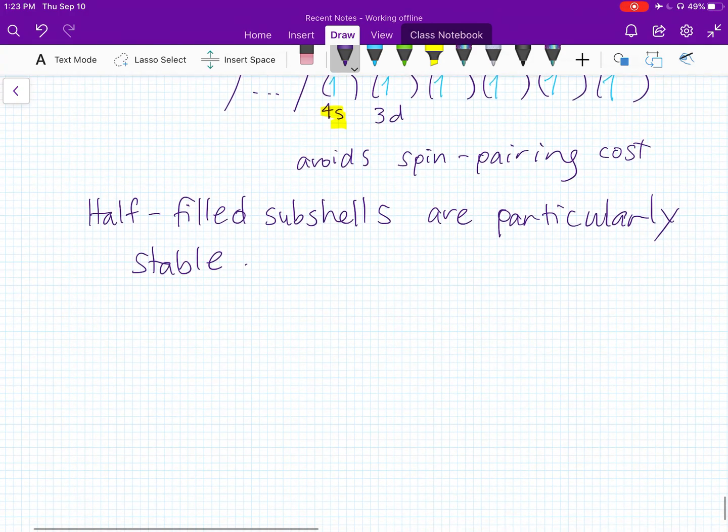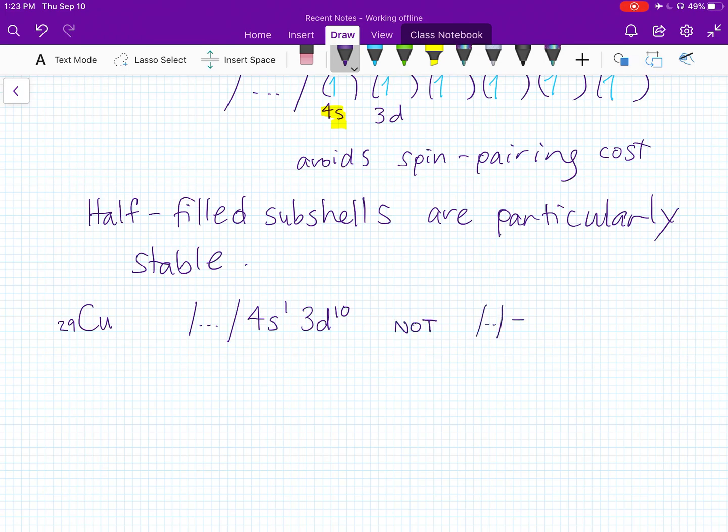Another kind of weird element in the periodic table is copper. Copper is element number 29, so neutral copper would have 29 electrons. And its electron configuration is a little bit surprising. It's 4s1 3d10. Not what you would expect. It's not 4s2 3d9. So that's just kind of a weird element with an unexpected electron configuration.